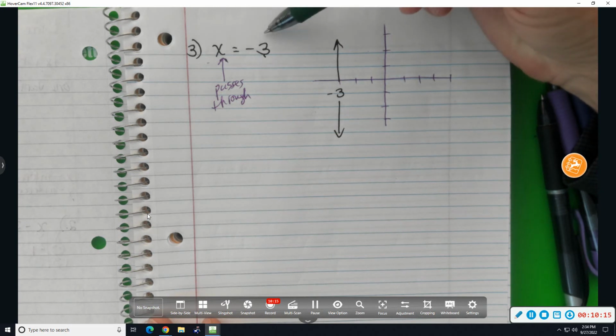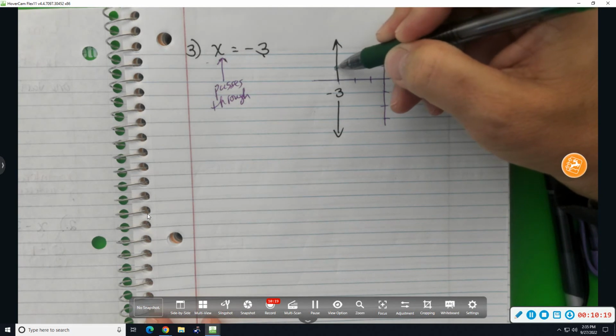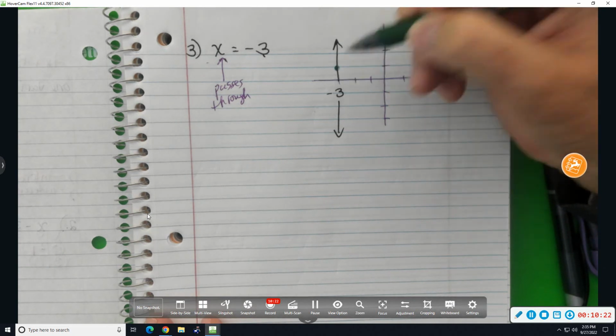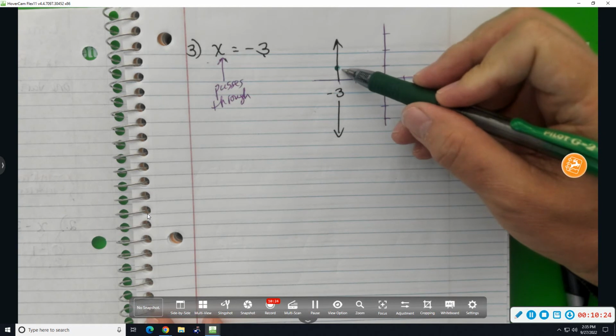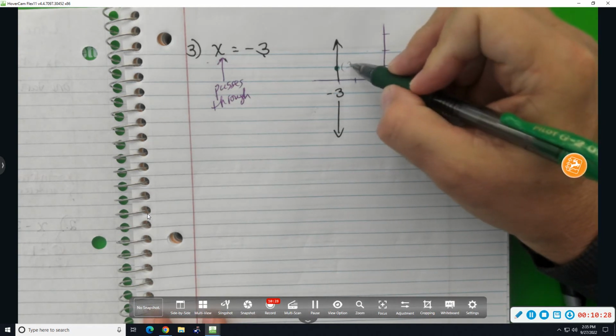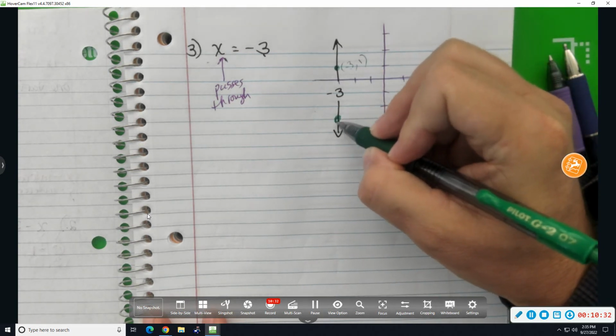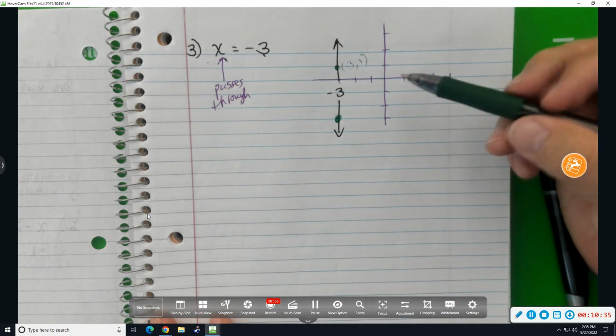Why does this equation describe this line? Think about some ordered pairs. Give me the ordered pair representation for that point that I just labeled. -3, 1. Okay. What about this one right here? What would be the ordered pair representation for that point?